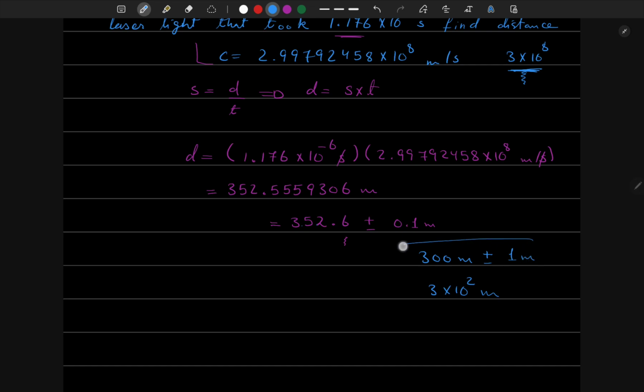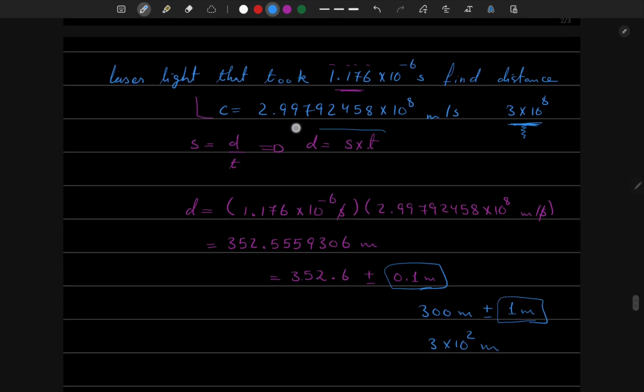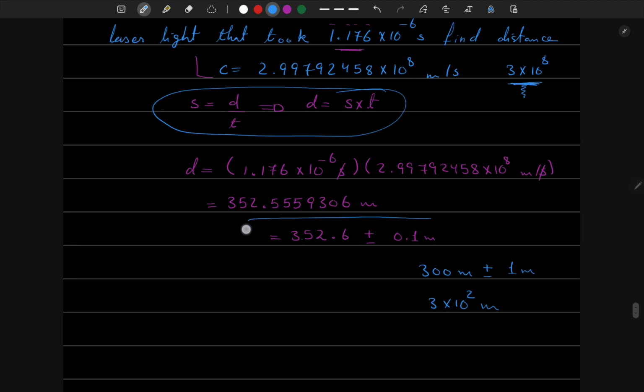You see how much the accuracy changed? By the way, just for a disclaimer, this is not actually how we do the margin of error. We actually take the margin of error from the rule itself, but I just wrote a margin of error depending on the number itself, not depending on the whole problem, just to show the difference in the uncertainty or in the margin of error between those two numbers.